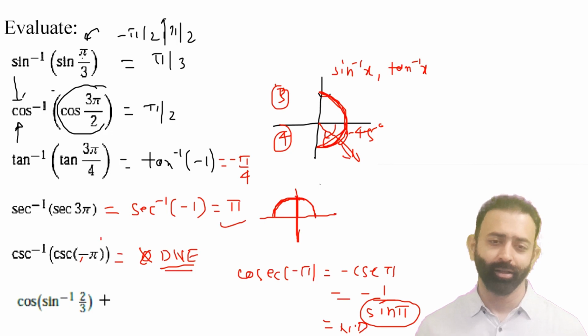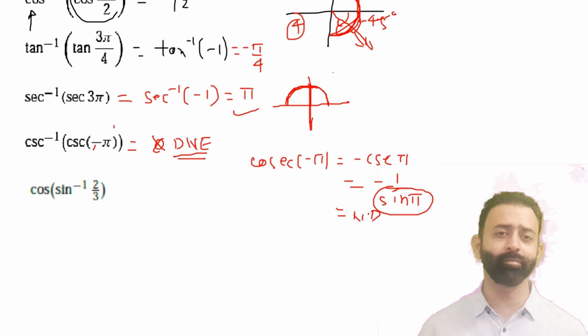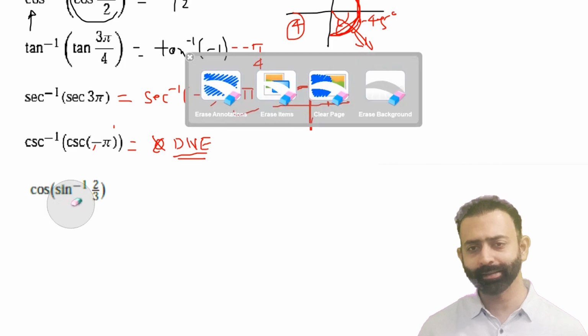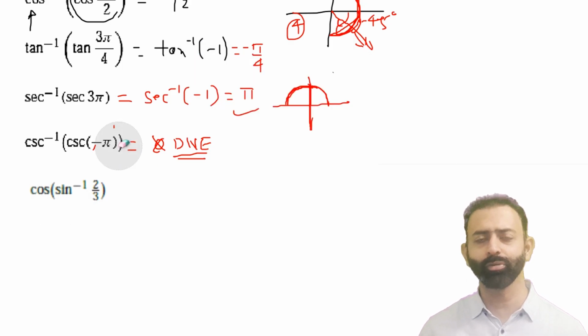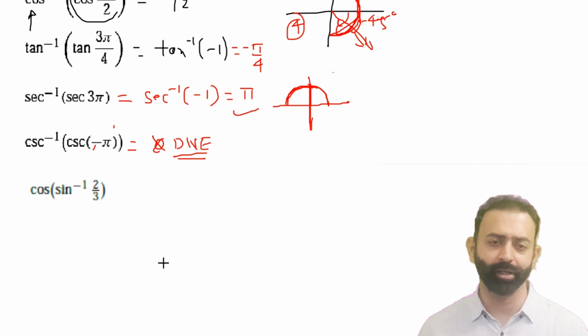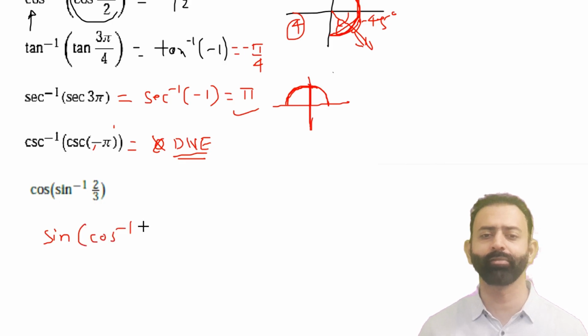Okay. Now the last one. This is very important. How to deal with these types of questions, wherein some trigonometric function is given to you, but inside it a composition with some different inverse trigonometric function is given, like this. It may be like this also, that sine is outside and inside it is cos inverse of some value like 1 by 2.